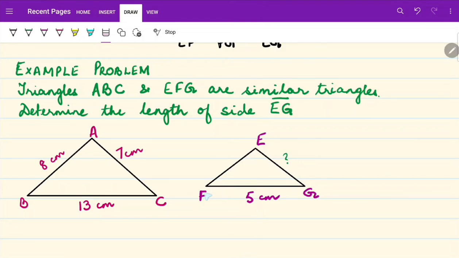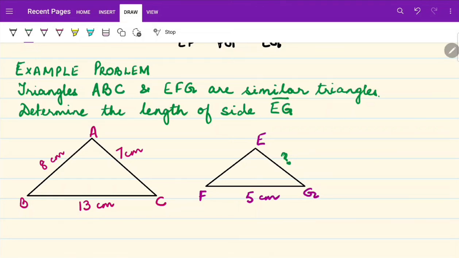However, for the smaller triangle EFG, we are only given the measure of one side, which is FG, and that's 5 centimeters. So given this information, we have been asked to find the length of side EG. This is the side length that we have to find.